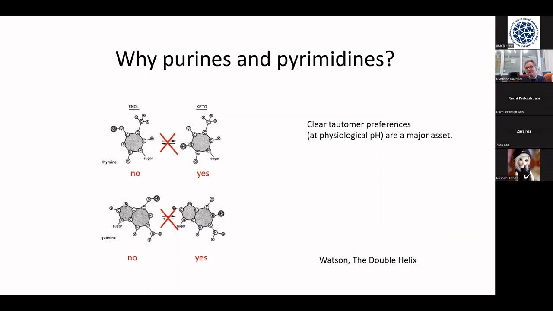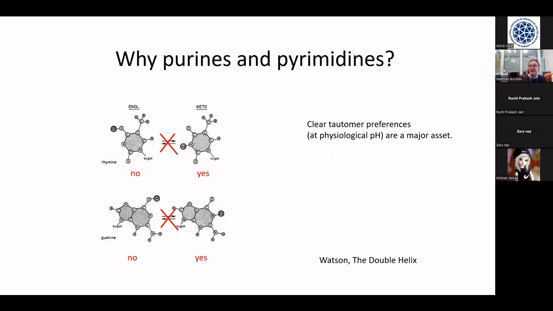And this is important because if you mess up the tautomers, if you have equilibria, the coding properties of the nucleic acids change. Many alternative systems of nucleobases that could be used instead of the natural ones would be poor coders because they have equilibria more on the side of equal population of two states with different hydrogen bonding patterns.